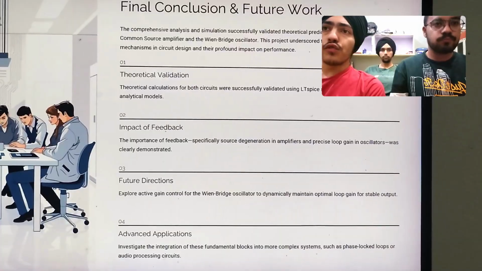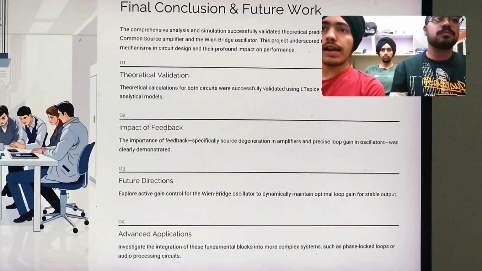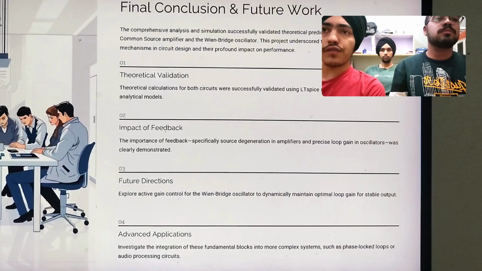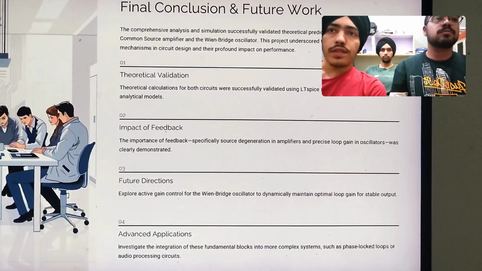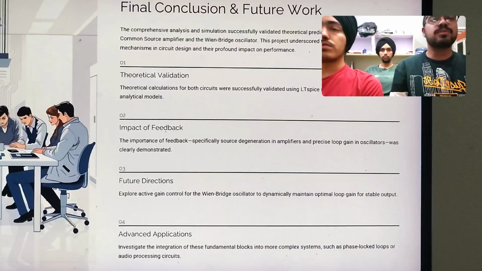In future directions, they explored active gain control for the Wien bridge oscillator to dynamically maintain optimal loop gain for stable output. At last, advanced applications investigate the integration of these fundamental blocks into more complex systems such as phase-locked loops or audio processing circuits. So this was our presentation.